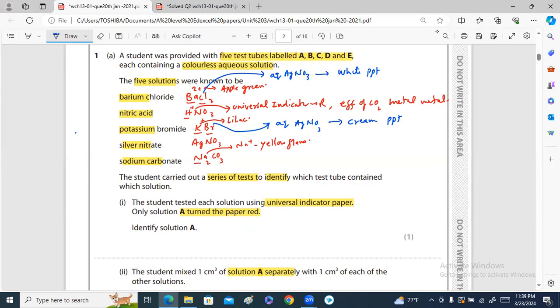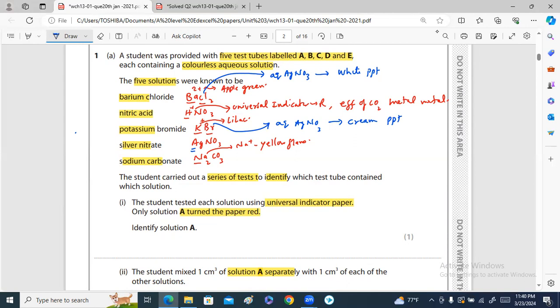Now here there is silver nitrate, so you can use the silver nitrate to test both the aqueous solution of barium chloride and potassium bromide, in which the chloride ion will give us a white precipitate of silver chloride and a green precipitate of silver bromide.